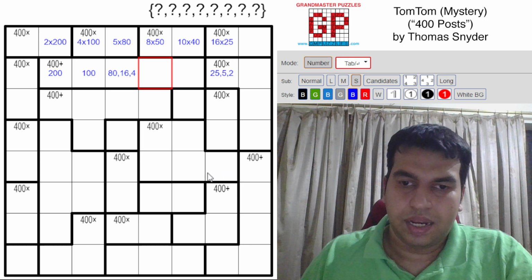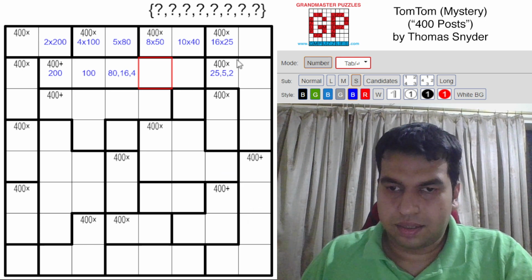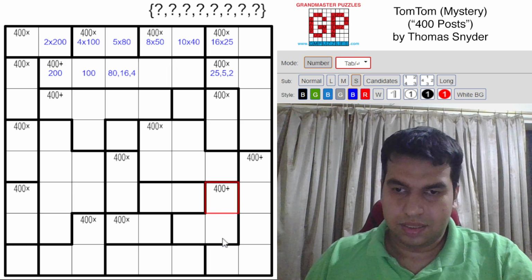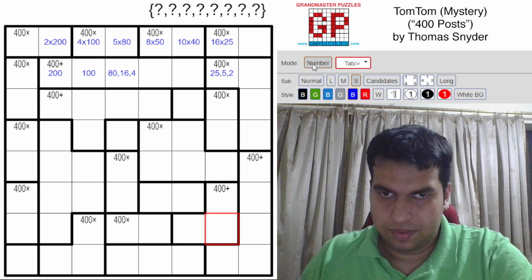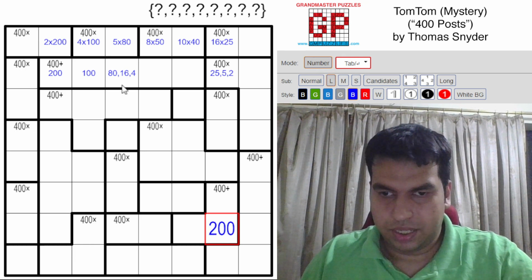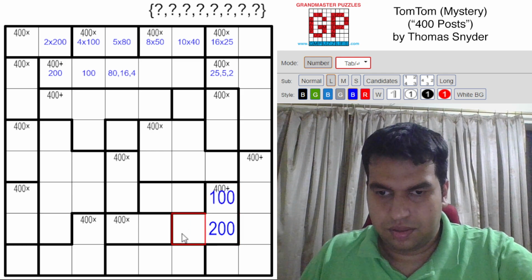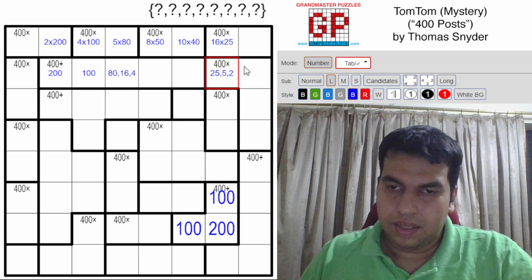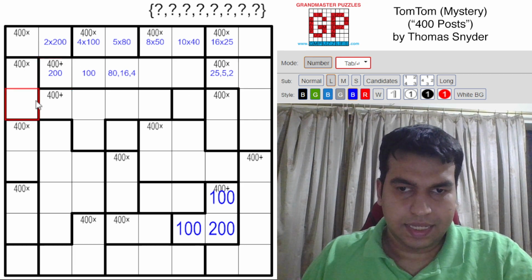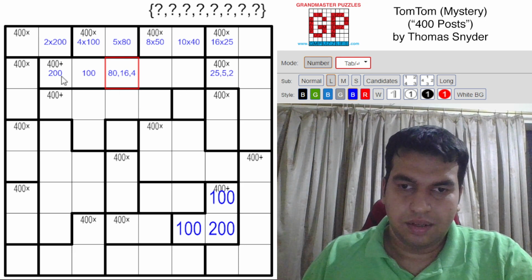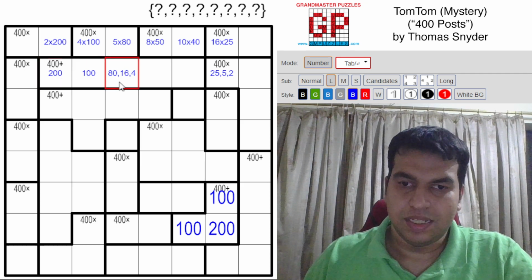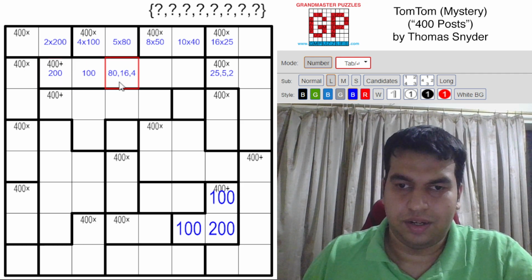Now let's look at the rest of the grid a little. So this 400 sum, now that we know the numbers, it's pretty restrictive. The only way it can be satisfied is with 200 and 200s. And also what I can see is no matter what, even if I could repeat one number out of this set, I would still not be able to change these five numbers if I needed five numbers that sum to 400.